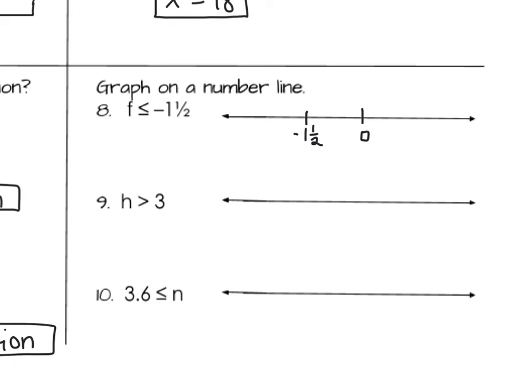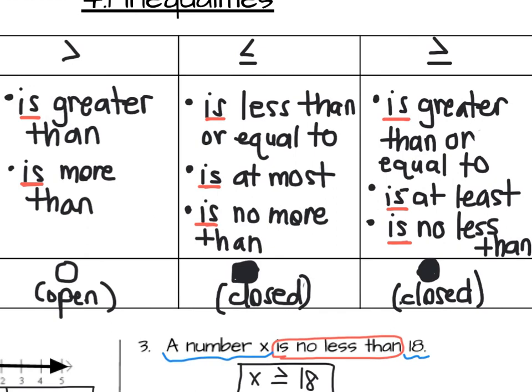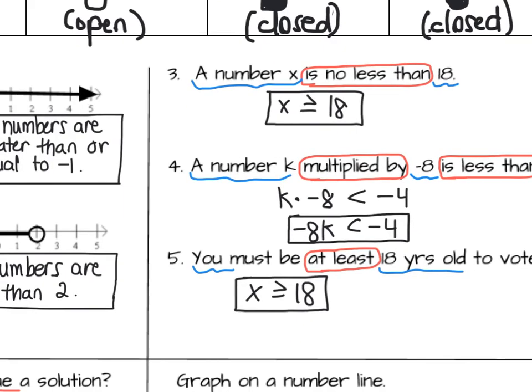Now, when f is less than or equal to negative 1.5, remember that when it has that bar underneath, it's going to have a closed circle. So if you look back at your chart, less than or equal to up here, this one has a closed circle. That bar, again, means a closed circle for both less than or equal to and greater than or equal to.